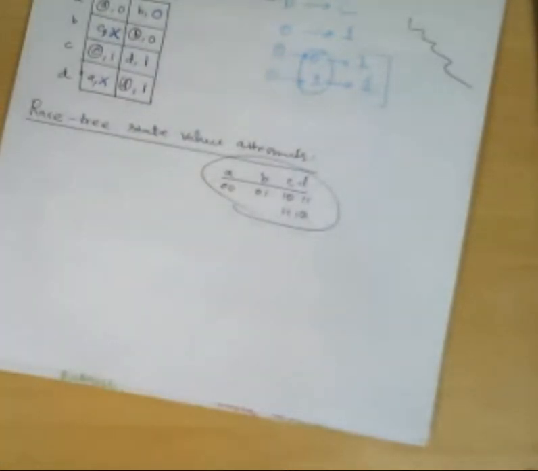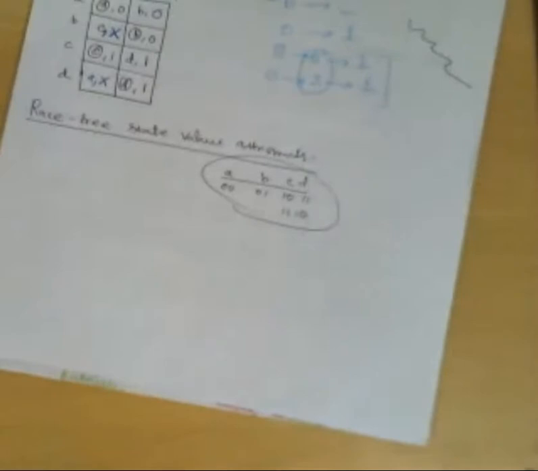So that is, within brackets, fundamental mode: only one variable changes at any given time when a state transition occurs in the flow table. Okay, fine.